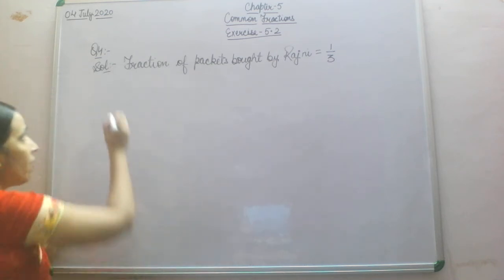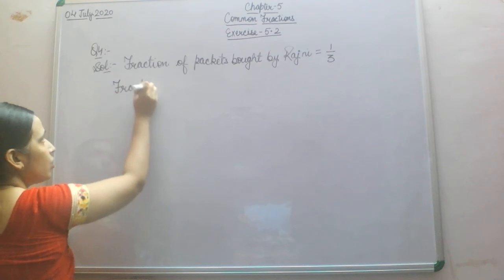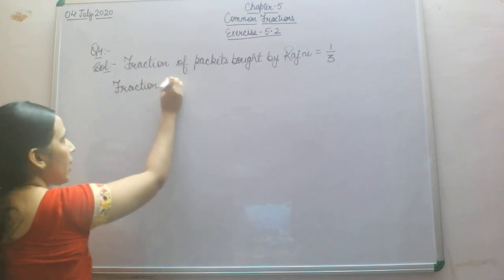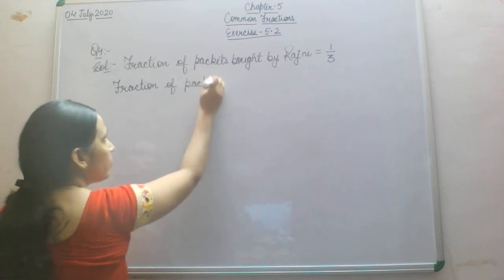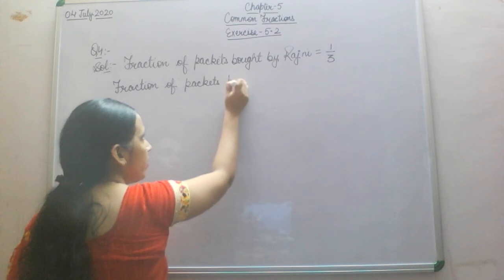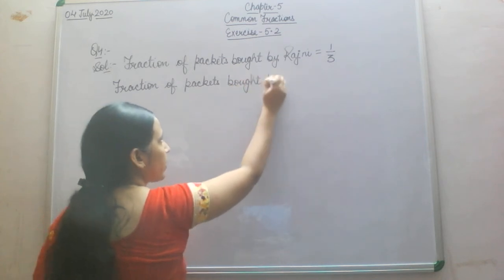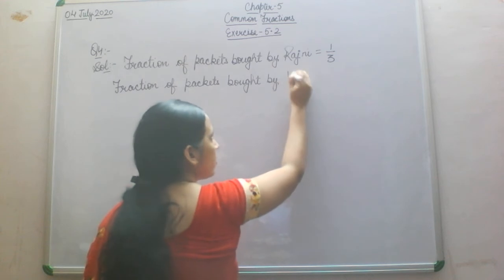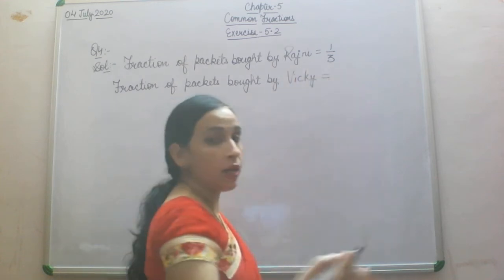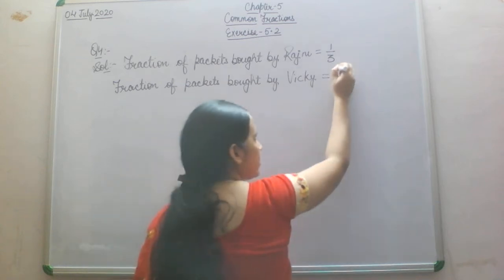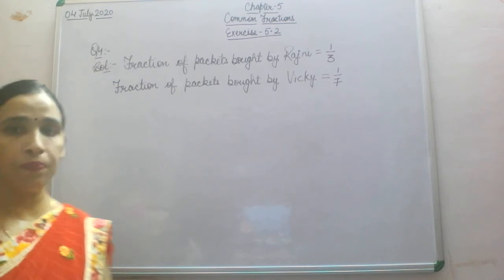Similarly you will write fraction of packets bought by whom? Yes, bought by Vicky. What will be the fraction of packets bought by Vicky? That is 1/7. Now whose fraction is greater?